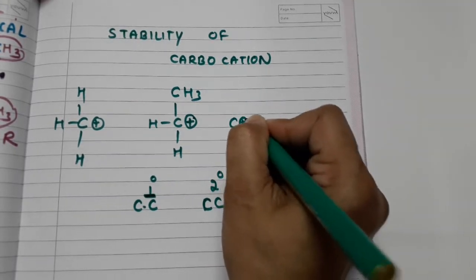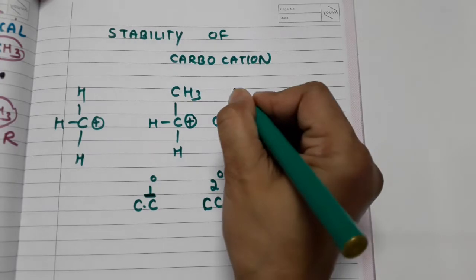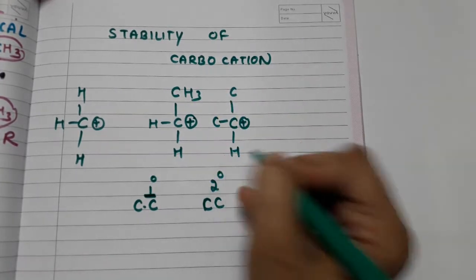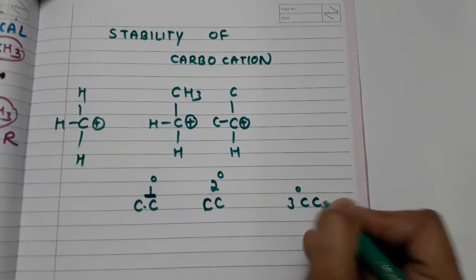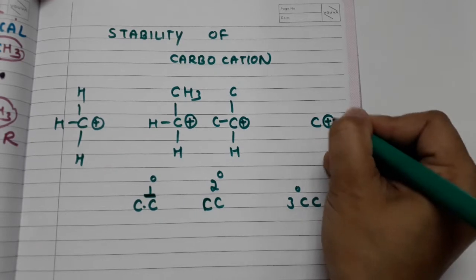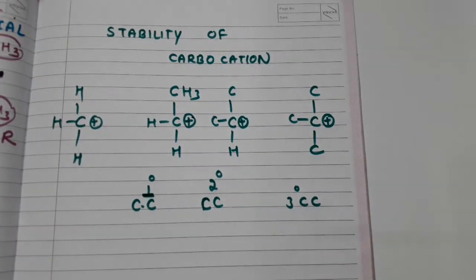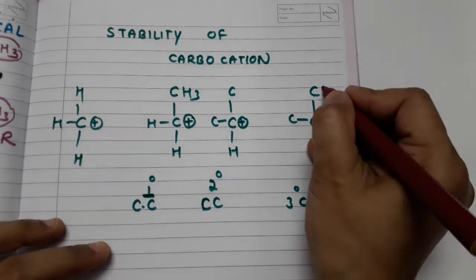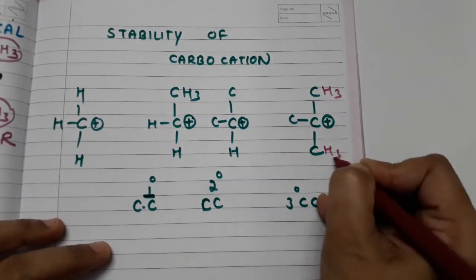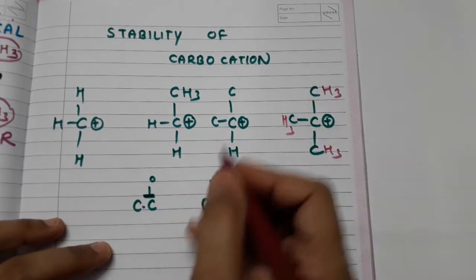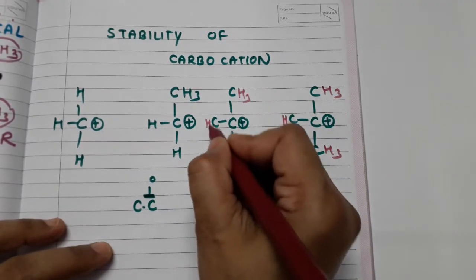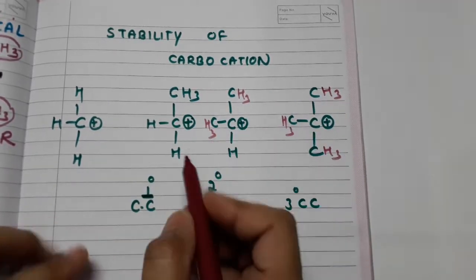Carbon is having positive charge and it is attached to 2 carbon atoms. I write here H. Tertiary carbocation, students, carbon is having positive charge attached to 3 carbon atoms. Now I am going to satisfy the valency of each carbon atom. So this is tertiary carbocation, this is secondary carbocation, and this is primary.